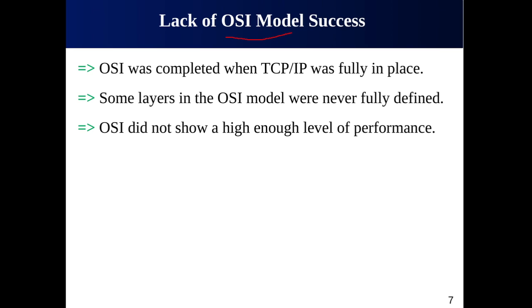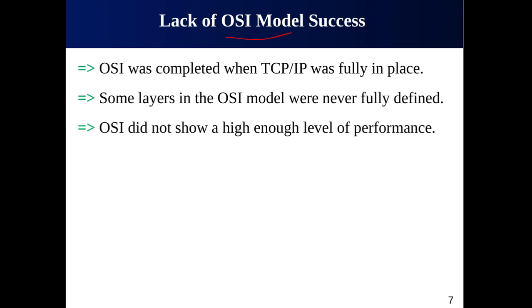Yes, the OSI model is like the latest form of the TCP/IP model, but still it is not implemented. Most of the experts were at first excited about the TCP/IP protocol suite, and later on they thought that TCP would be replaced by the OSI model, but it did not happen for several reasons.